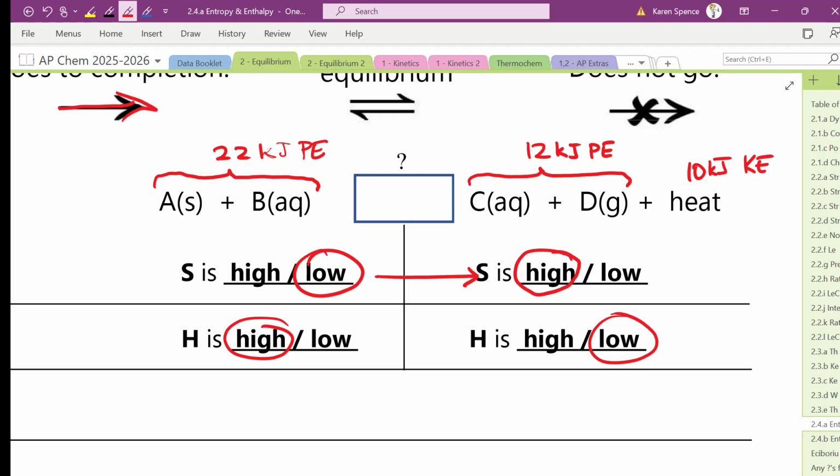So the left-hand side has more potential energy in the chemicals, and so the enthalpy is higher on the left and lower on the right.